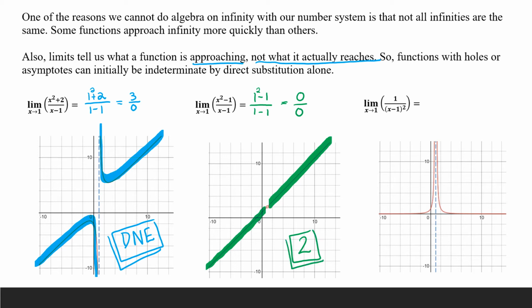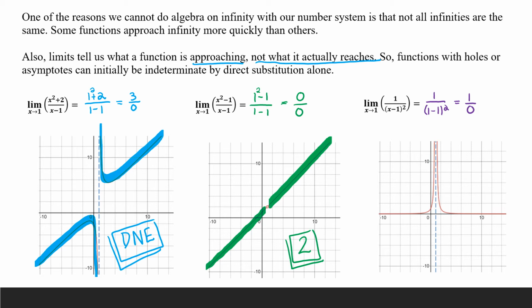And then finally, if we take a look at the limit as x approaches 1 for 1 over the quantity x minus 1 squared, if we try out direct substitution, we end up with 1 over 1 minus 1 squared, which gives us that 1 over 0. And again, we don't know what this means for a limit. We're like, that's not quite right.